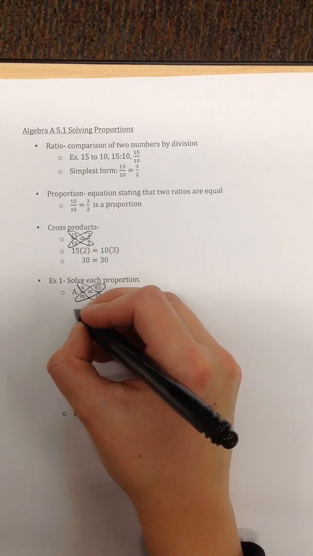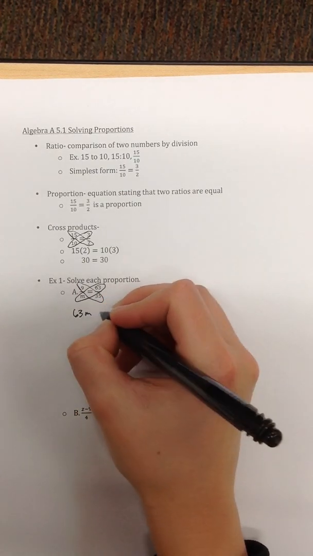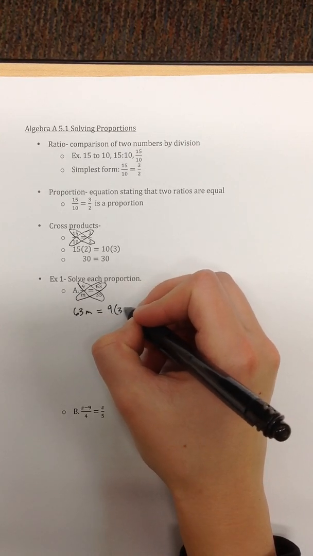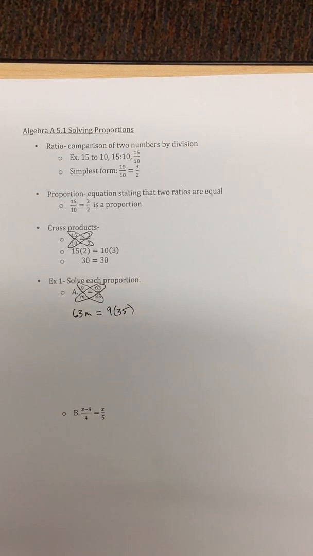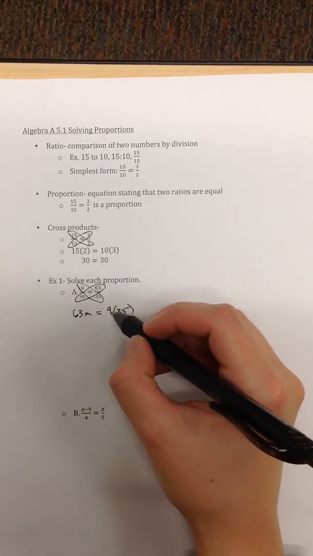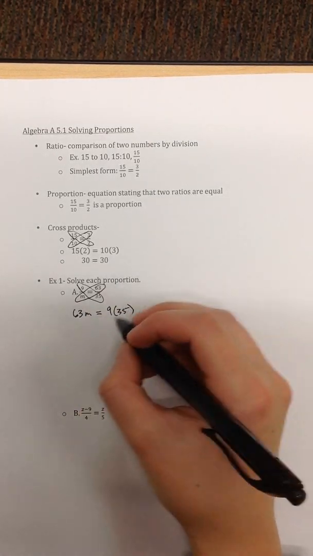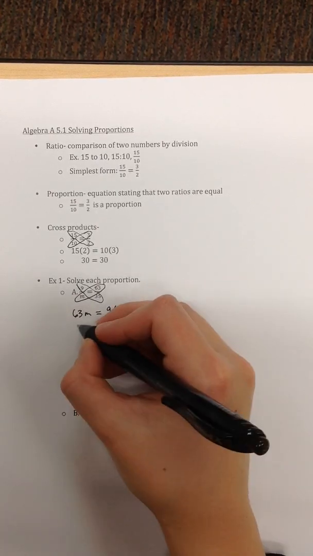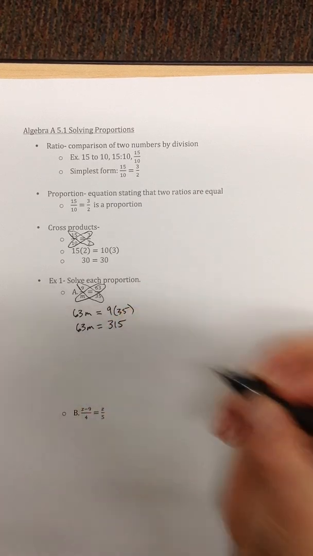So I write that out: 63 times m is equal to 9 times 35. Solving this, 9 times 35, which you can just use your calculator for, is 315, equal to 63m.